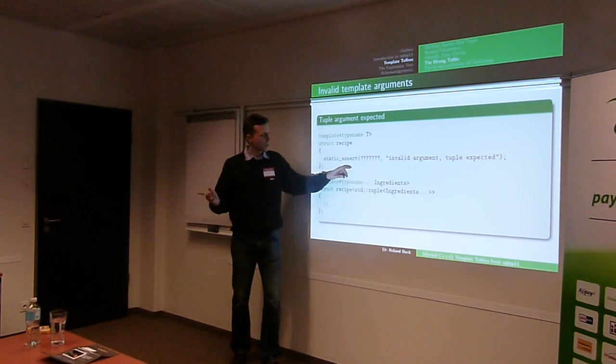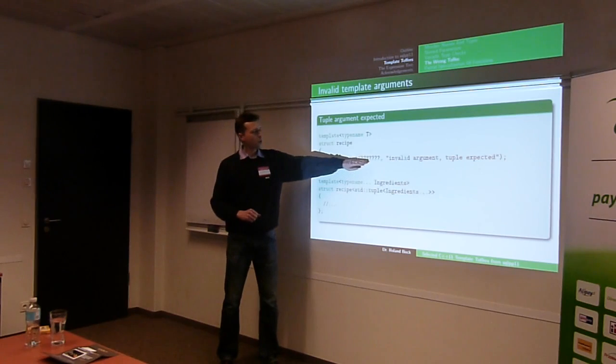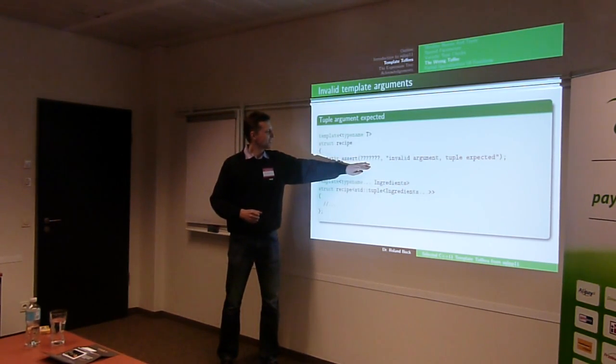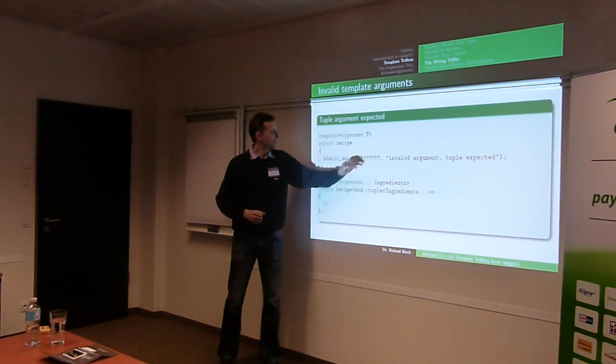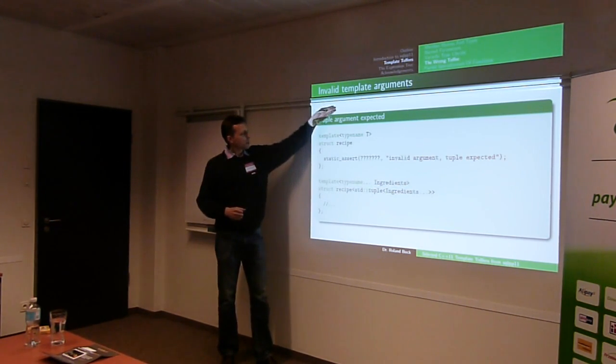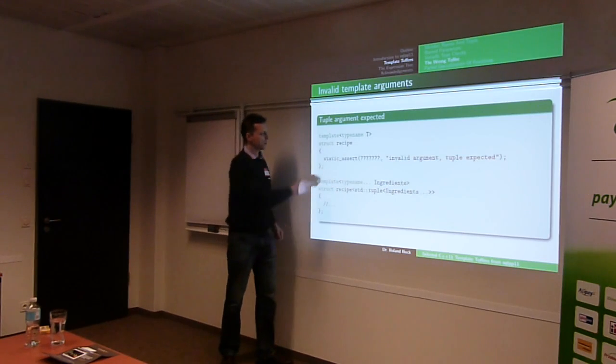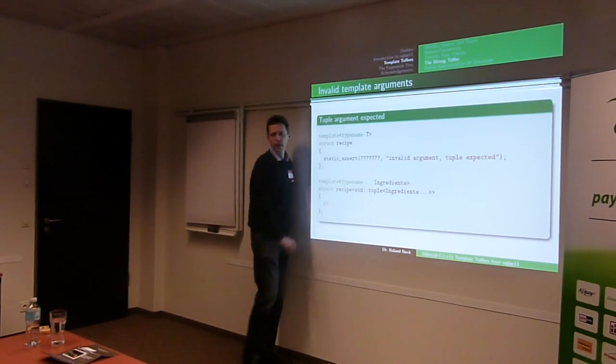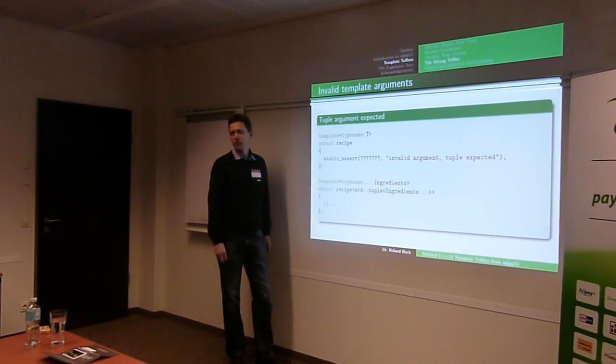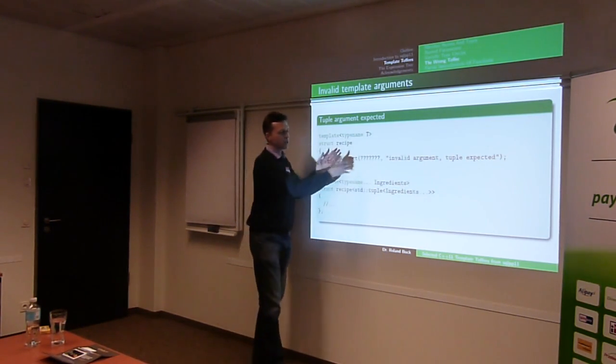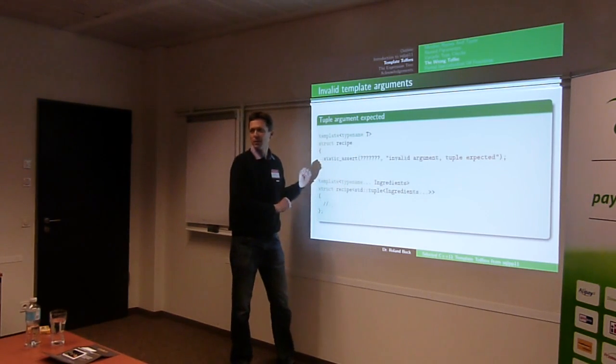False. If we put in false here, that was my first attempt too, the compiler runs over this code, sees static assert false, end of story. It doesn't even have to instantiate it, because this is always false, so you're gone.